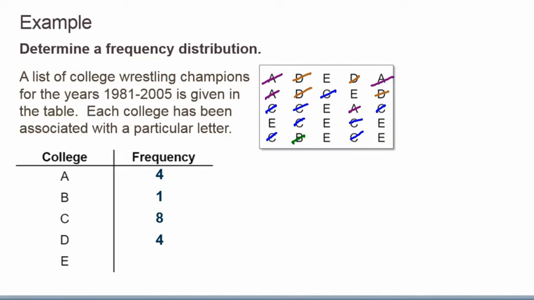For college E, we have 1, 2, 3, 4, 5, 6, 7, 8 entries. So college E has a frequency of 8. So we have now designed a frequency distribution for the list of college wrestling champions for the years 1981 to 2005.